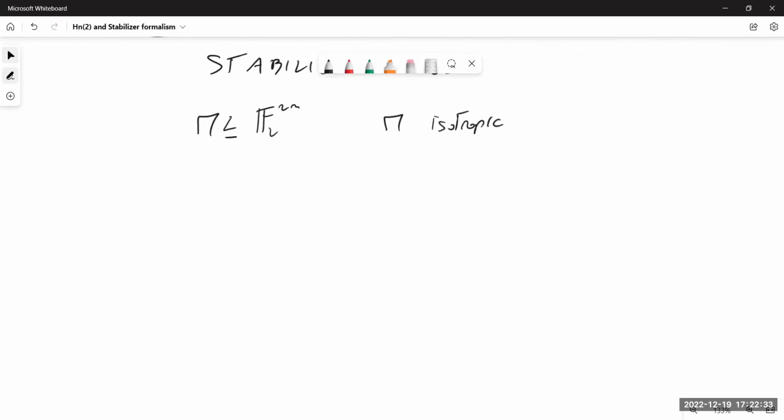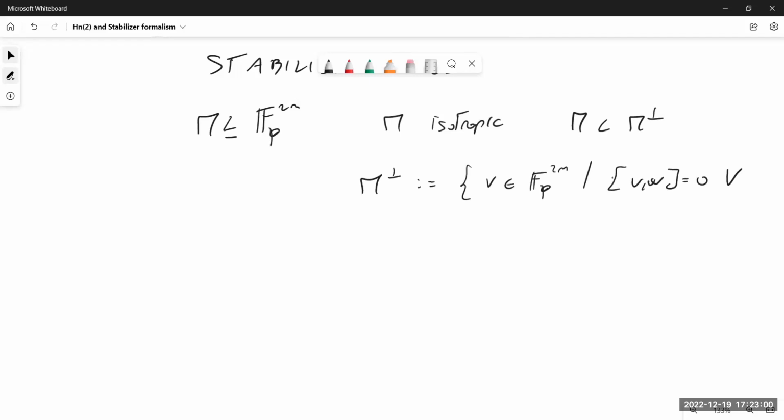What does it mean? It means that M is contained in its symplectic complement. This is something that we introduced last time, and this M is just the set of vectors v in F_p, sorry, let's make things general, such that the symplectic form vanishes for any w.